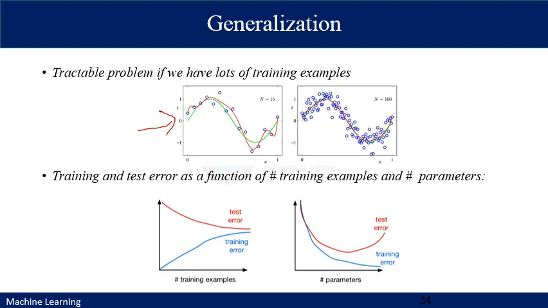If the model is complex, it is more likely to overfit with a small amount of training data. Similarly, if we have more examples, our model will generalize better. The training and the test error as a function of training examples and parameters is also generalization.